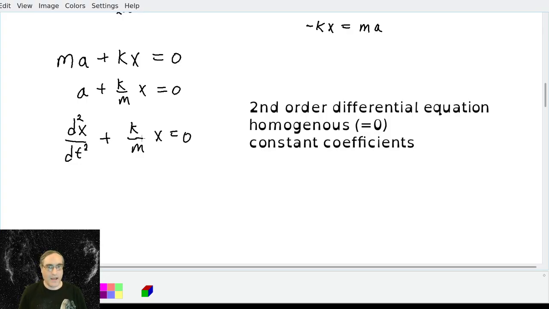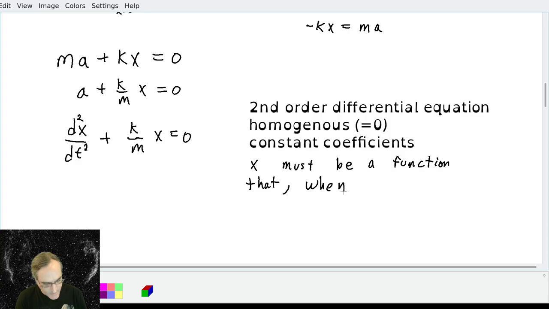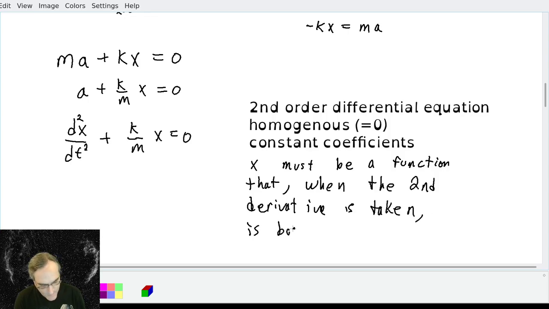And if we look at it, you can kind of see why. x must be a function that, when the second derivative is taken, is basically negative itself.